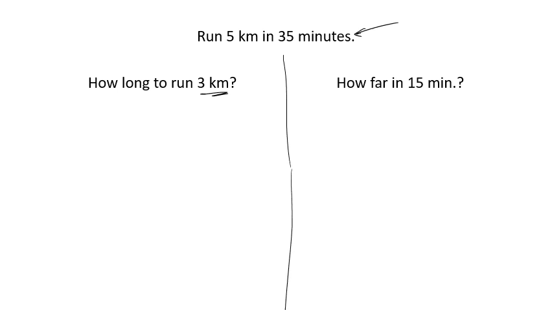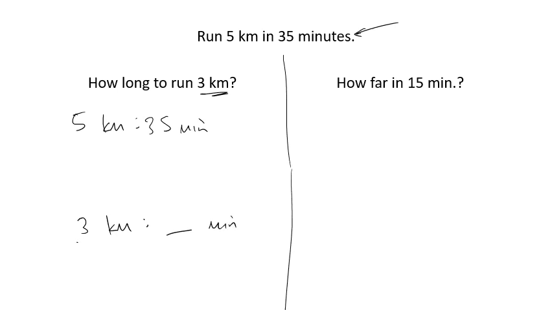The way that we talked about solving this problem in the previous video, I could do this ratio of 5 kilometers is to 35 minutes, and now I want a unit rate. I know that 3 kilometers is what I'm looking for, and how many minutes does that make?